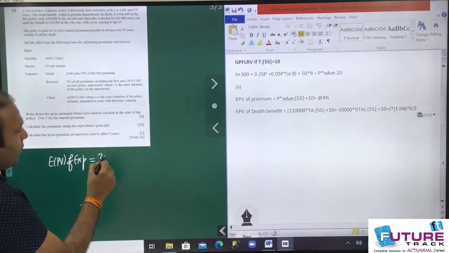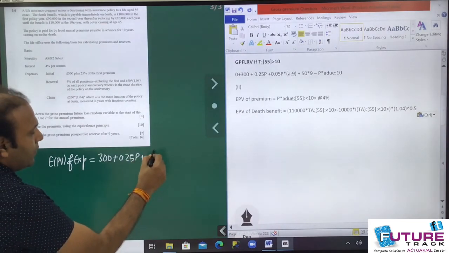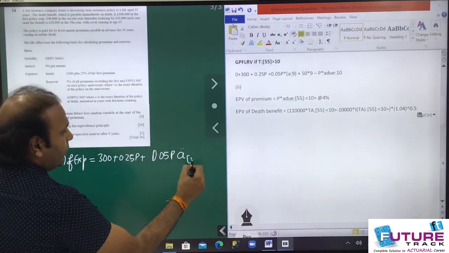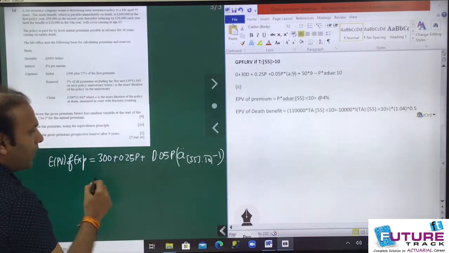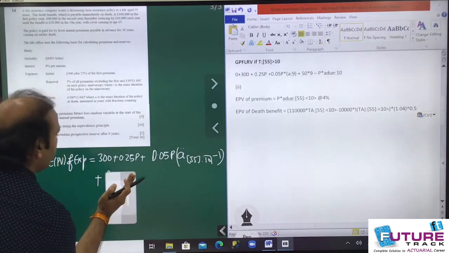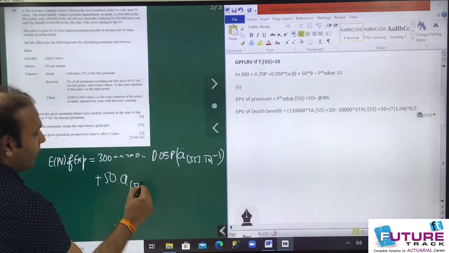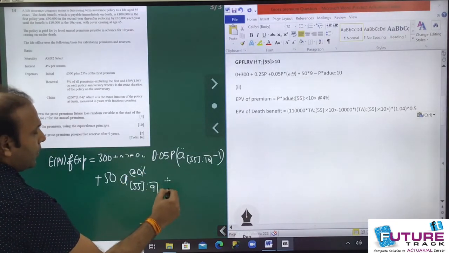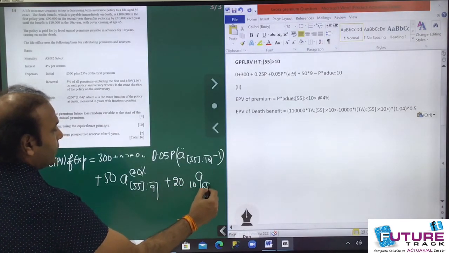Fine. Next is EPV of expense. EPV of expense is 300 plus 0.25p plus 0.05p ä due 55:10 minus 1 plus p, sorry not p, it is 50 A select 55 9, but this is at the rate 0%, plus 200 10q select 55.